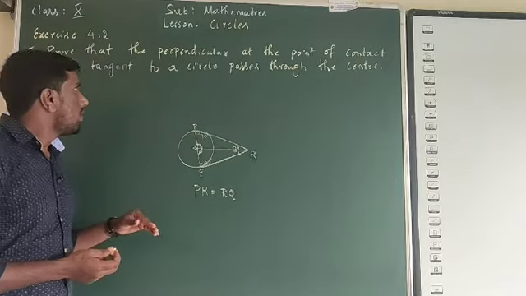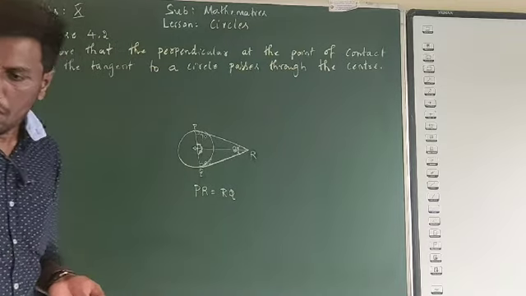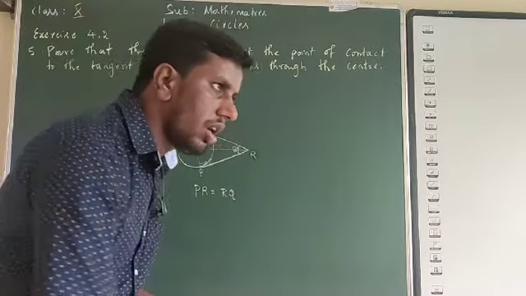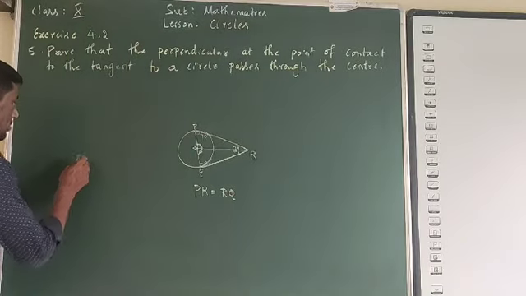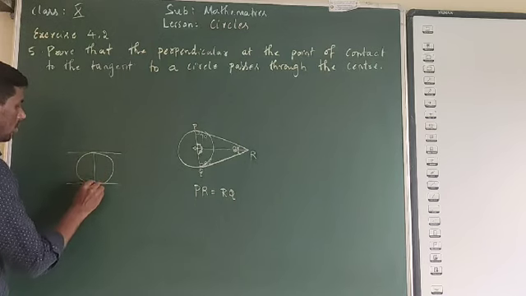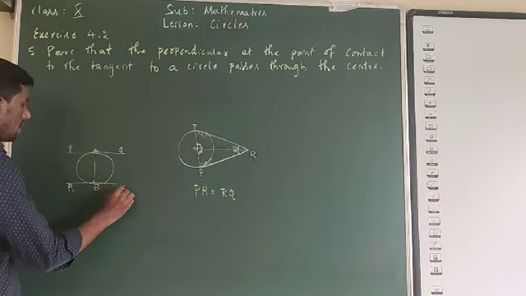That we have discussed in question number 3, and question number 4 is about two lines. That means if I have tangents at the ends of a diameter, PQ is one tangent and RS is another tangent.